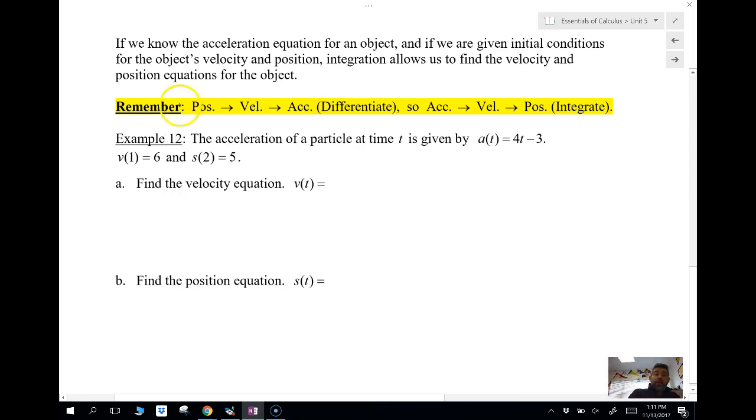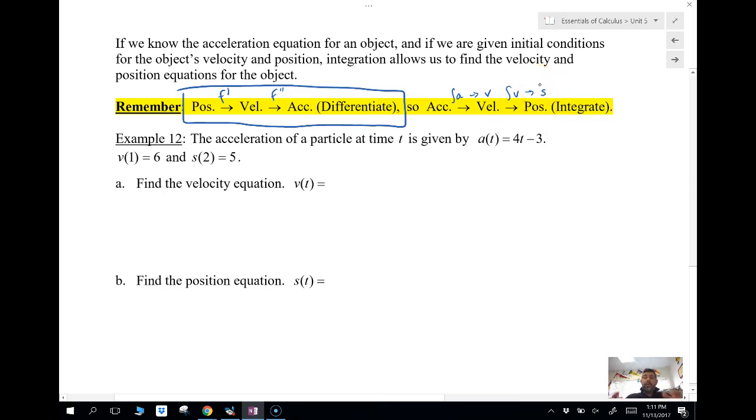So the thing you really need to remember with all of these is the order in which these go. The derivative of position is velocity. The derivative of velocity is acceleration. If we're going backwards, then the antiderivative of acceleration is velocity. The antiderivative of velocity is position.